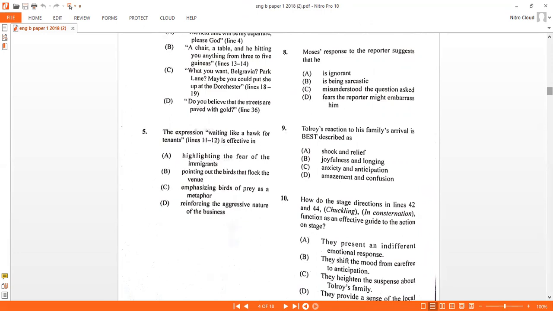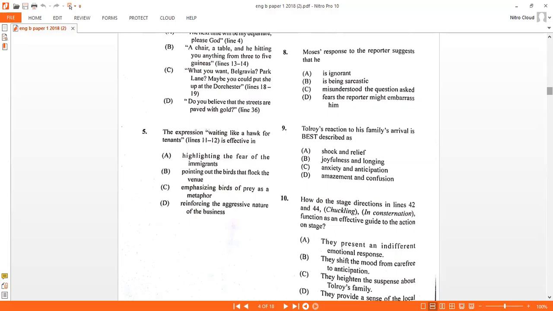The Jamaican man, who is a businessman, waiting like a hawk, is watching the persons who are coming off of the train station, looking at them closely before he can walk up to them and possibly try to rent them a room. Now, the question says, why is the expression effective?